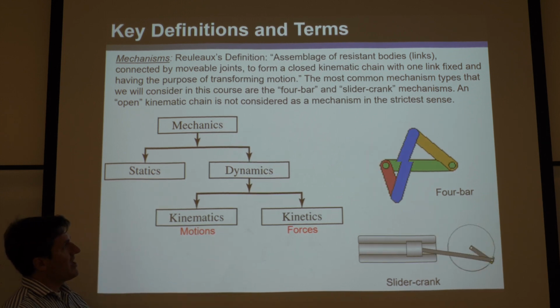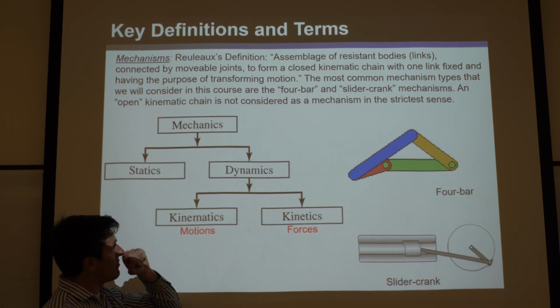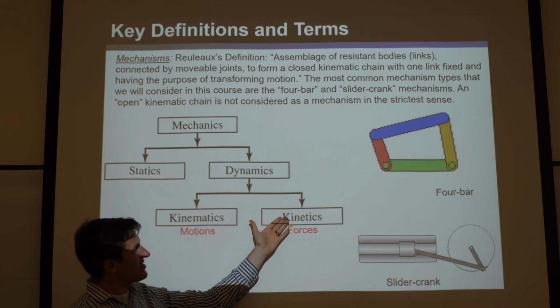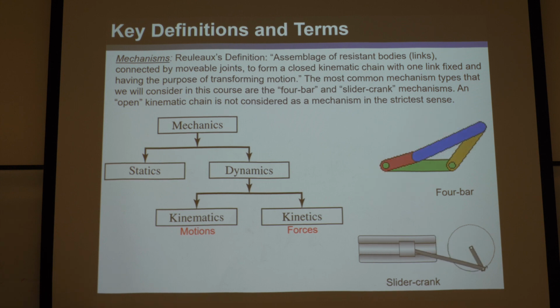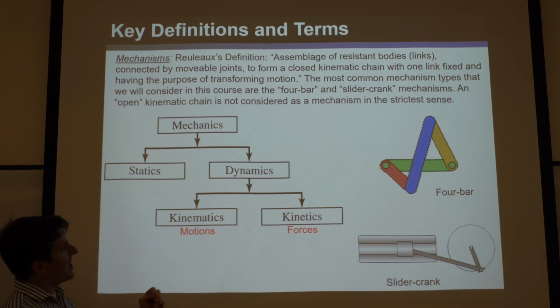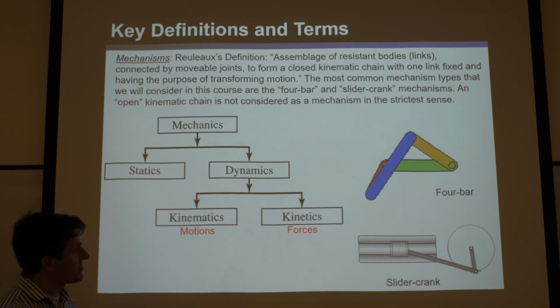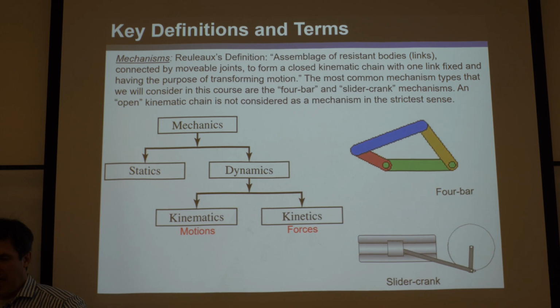And that's broken up into two different categories within dynamics: kinematics, which is the study of motion, and kinetics, which is the study of force. We'll really be focusing on the aspect of dynamics, kinematics and kinetics in this course. The first half is kinematics, the last half is kinetics.